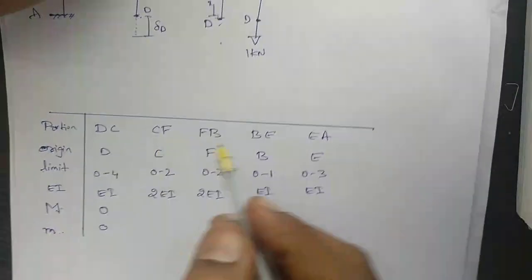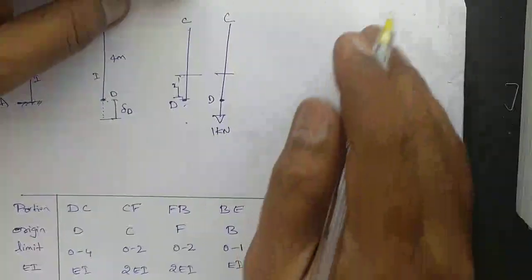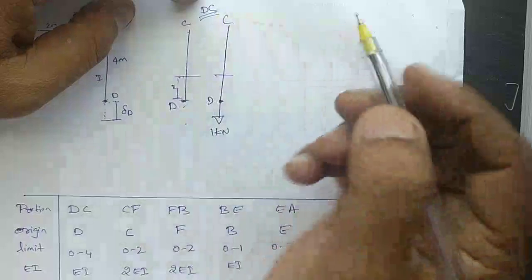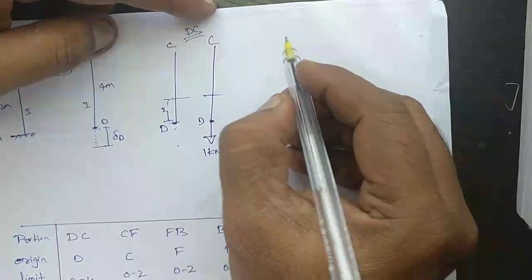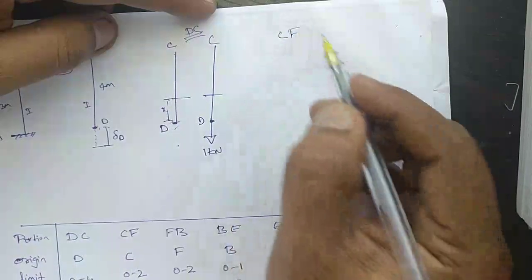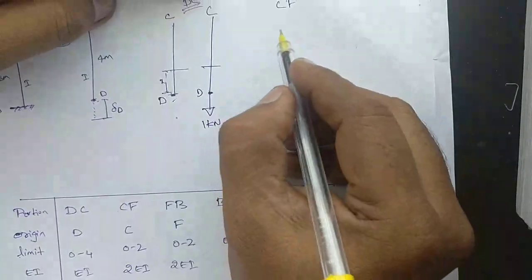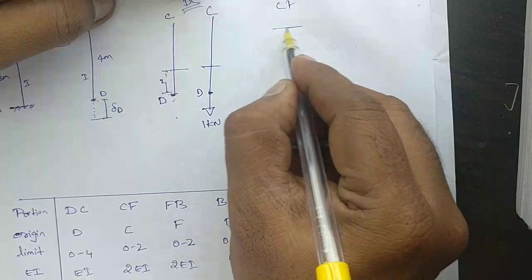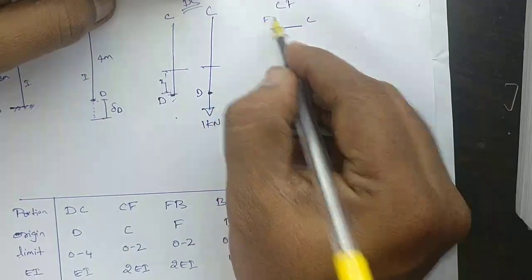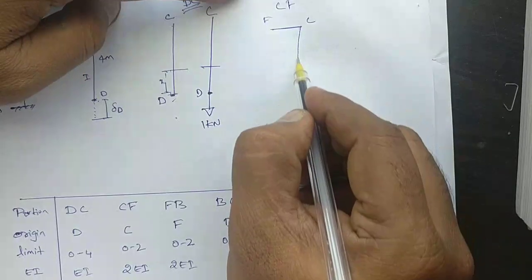Next we will go for CF. Now for CF, I will draw the figure. This is F, this is C, and this is the column.